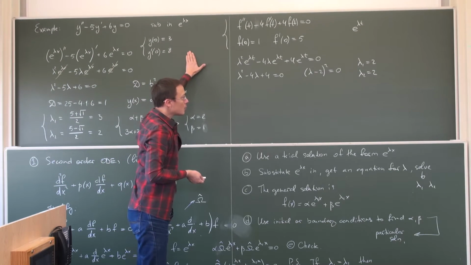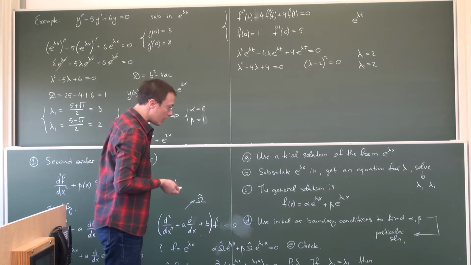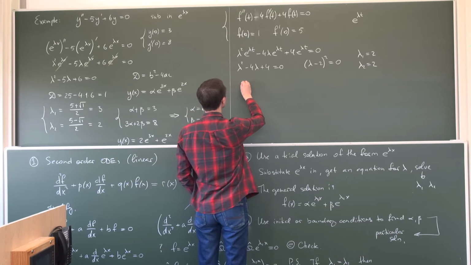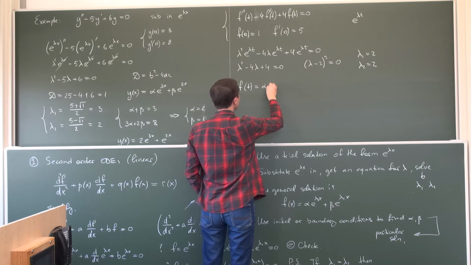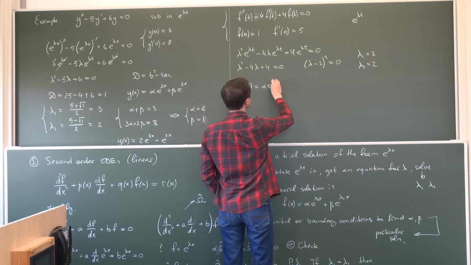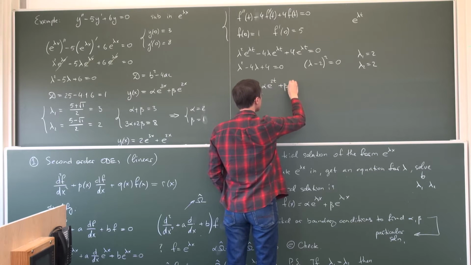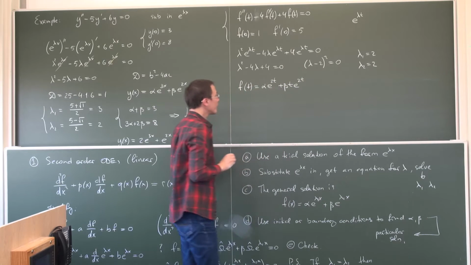Okay, now that drops us into the postscript over there, and our trial general solution must therefore be f of t is alpha e to the power 2t plus beta t e to the power 2t.